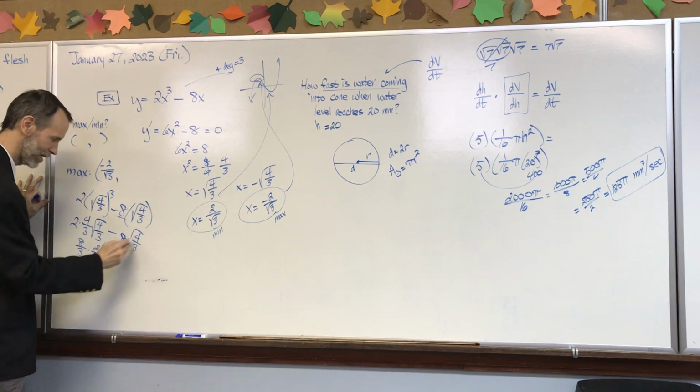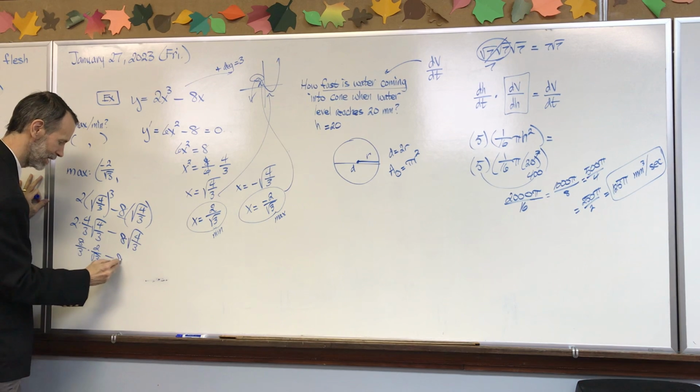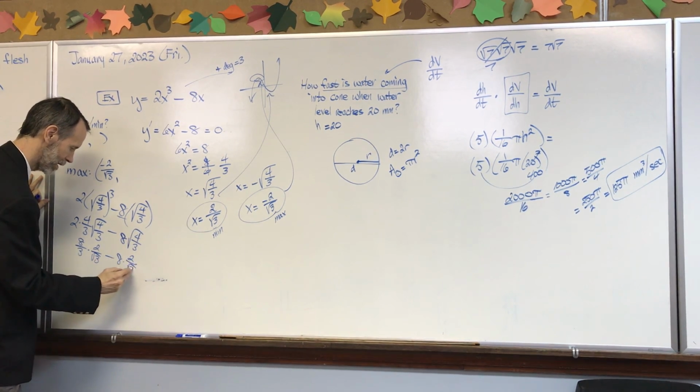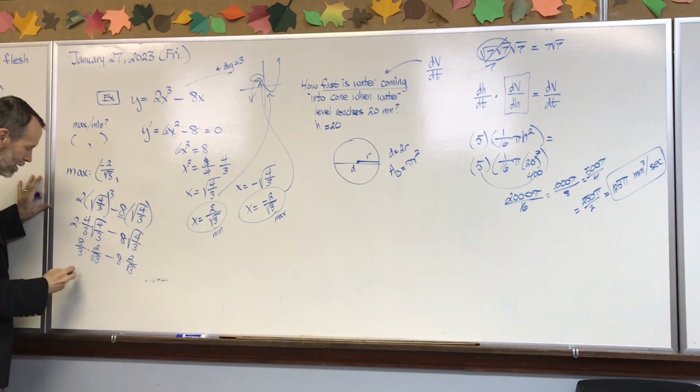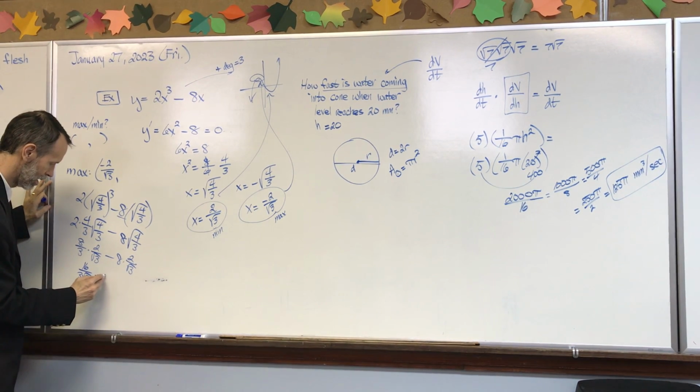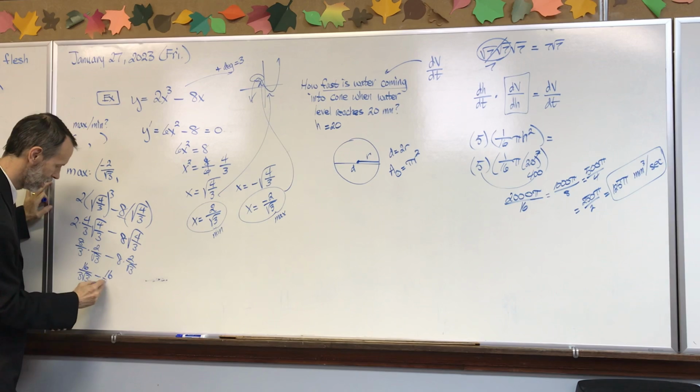Minus 8 times 2 over radical 3. Go for it. 16 over 3 radical 3, minus 16 over radical 3. Get a common denominator.